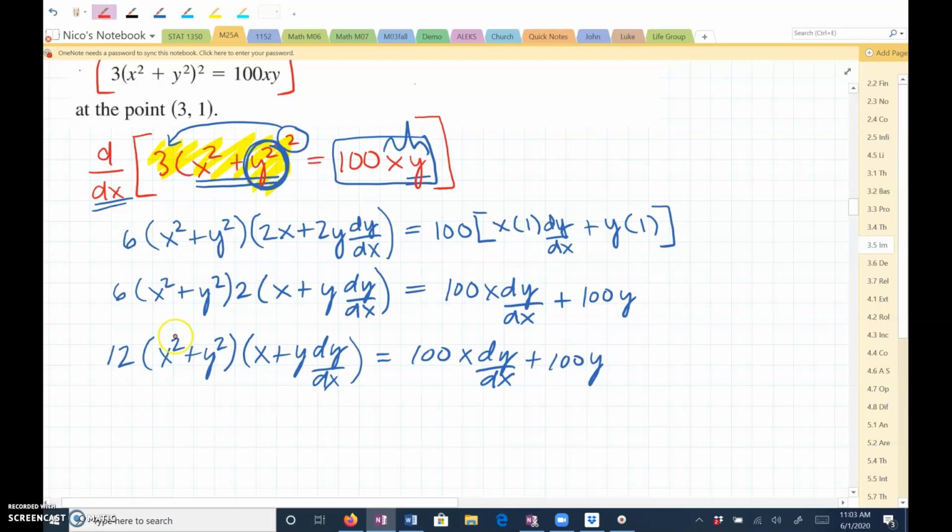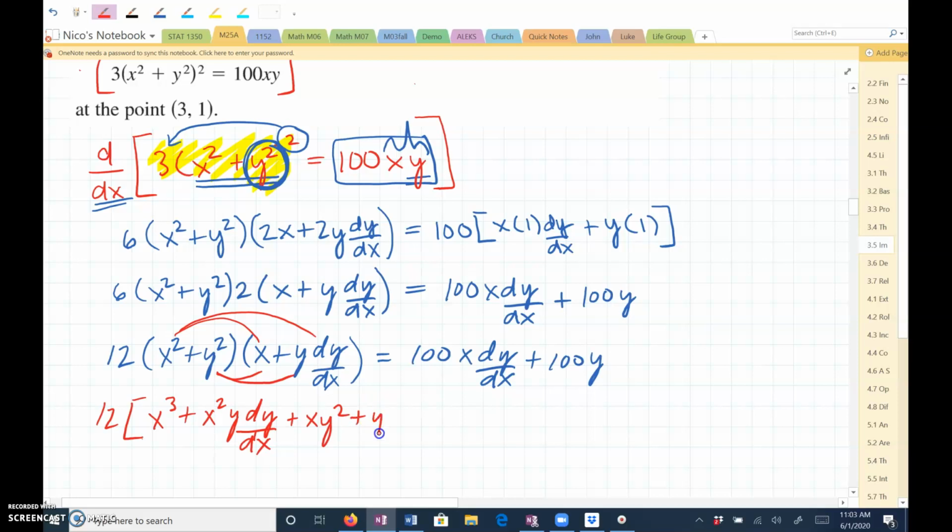Then I'm going to multiply through this way. So you're still going to have this 12 out in front. This would end up being x cubed plus x squared y dy/dx. And then you're going to multiply here, which would end up being xy squared.